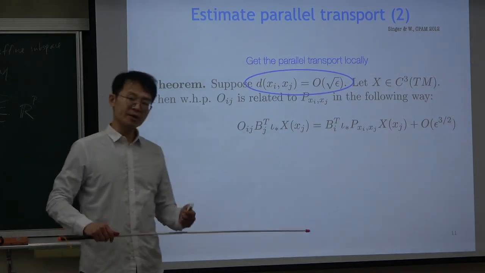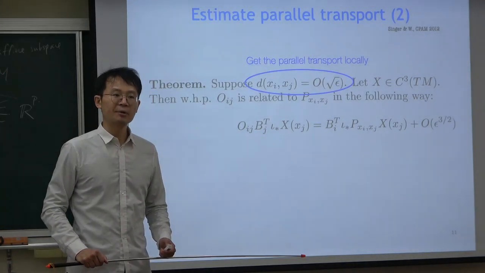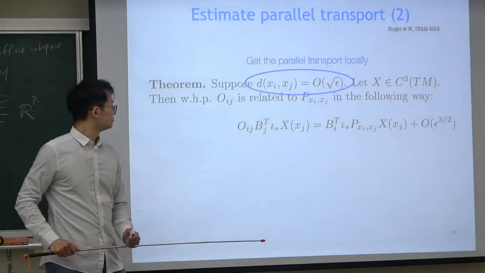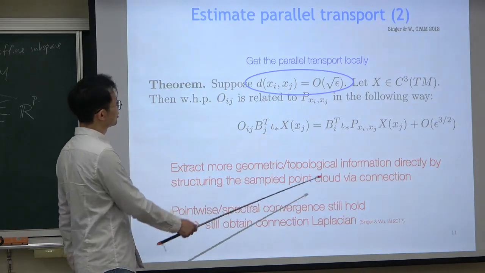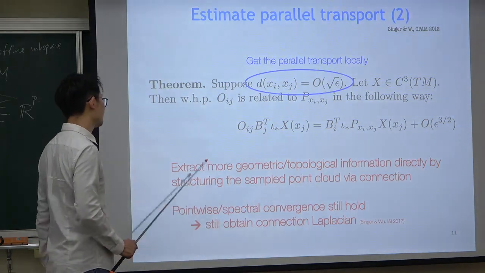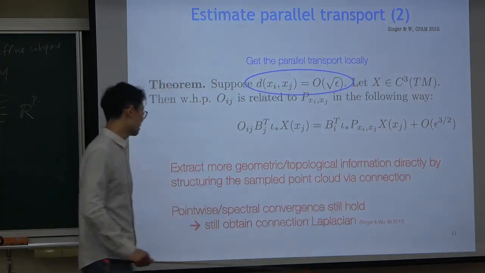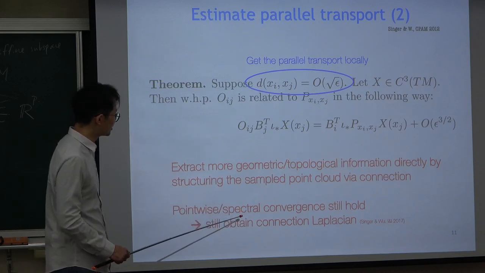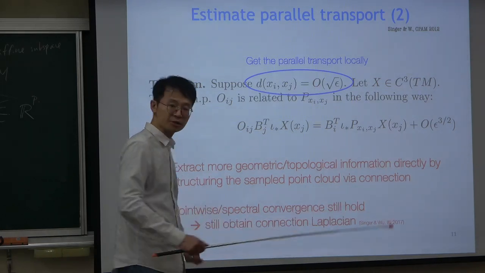So it says that at least we know how to estimate parallel transport locally. So you can extract more geometric and topological information directly by structuring the sampling points via connection. And you can still get pointwise and spectral convergence, and obtain the connection Laplacian.